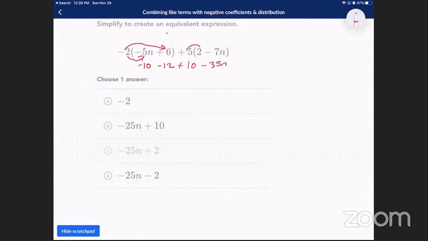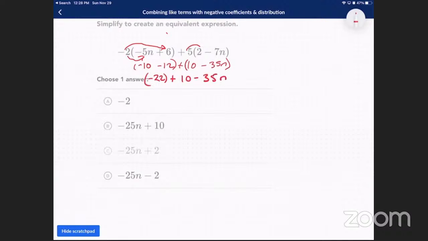Then we have these two terms here. And you have negative 10 minus 12, which is negative 22. We can still hold those on the side.